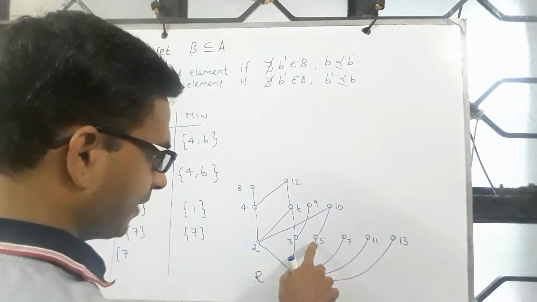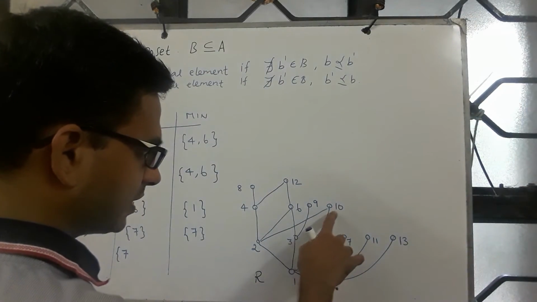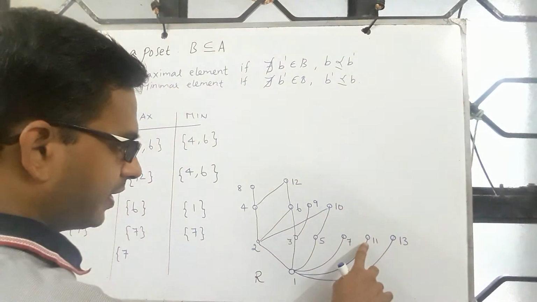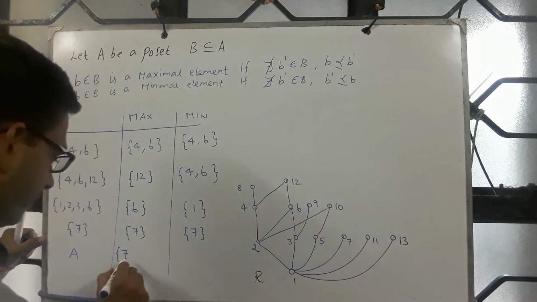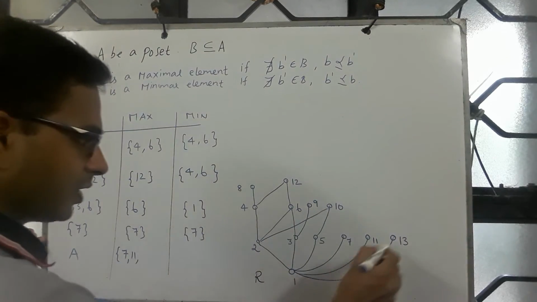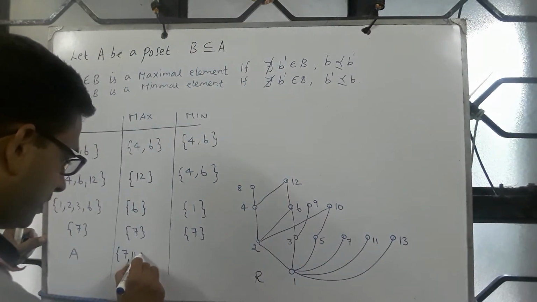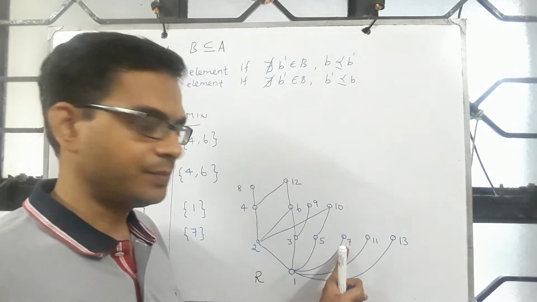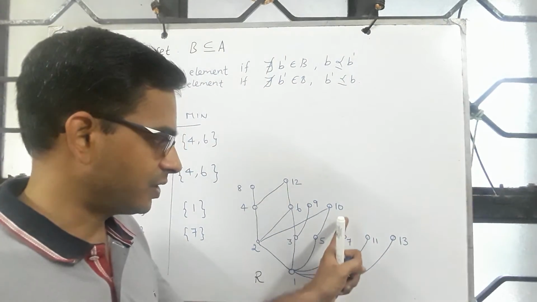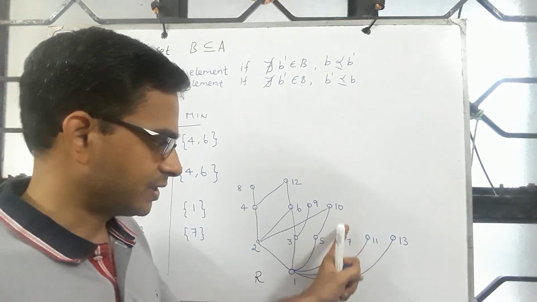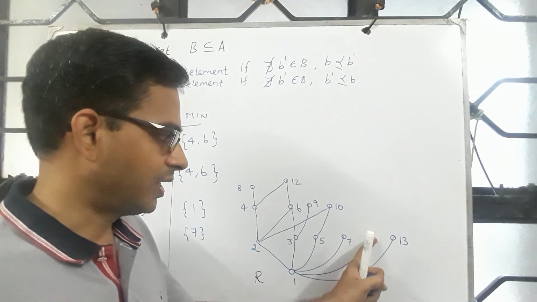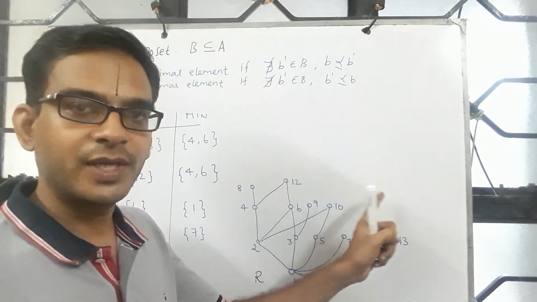And is 5 maximal? Answer is no, because there is something above. Is 3 maximal? No. And 11? Yes, there is nothing above. 11 is maximal. 13? Yes, there is nothing above. So we say this one is maximal because there does not exist a B prime such that (7, B prime) is an antisymmetric arc. Similarly 11, B prime and 13, B prime.